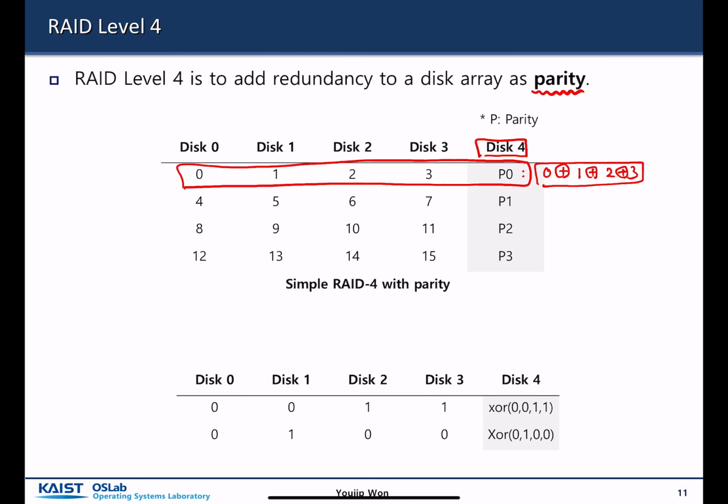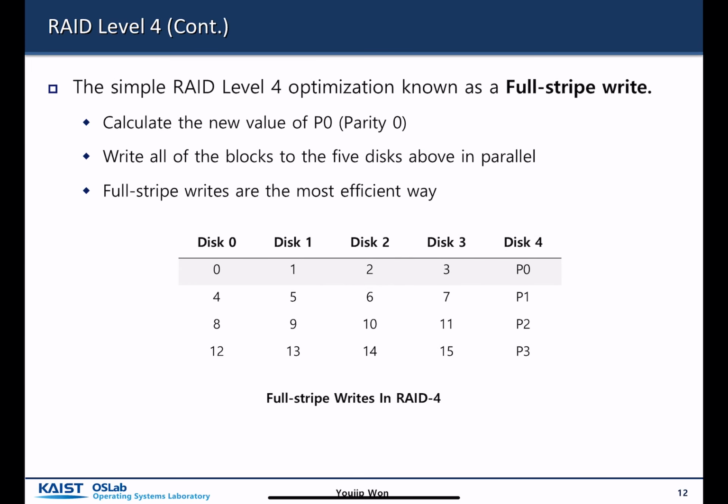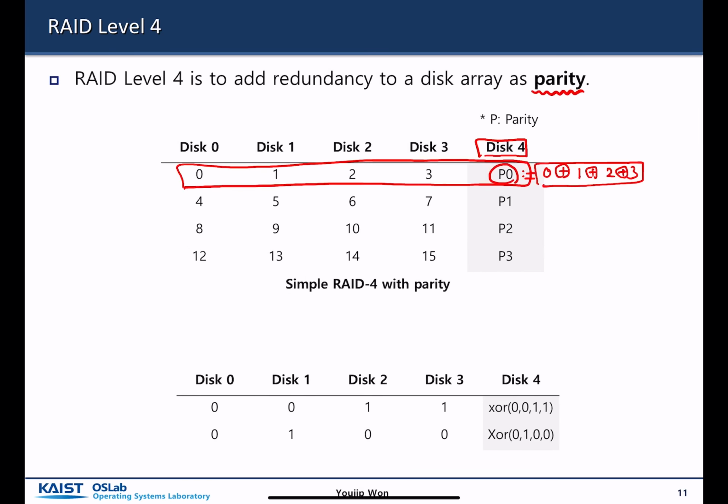So P0 is an exclusive OR of the 4 blocks, 0, 1, 2, 3. Okay, this is RAID 4.